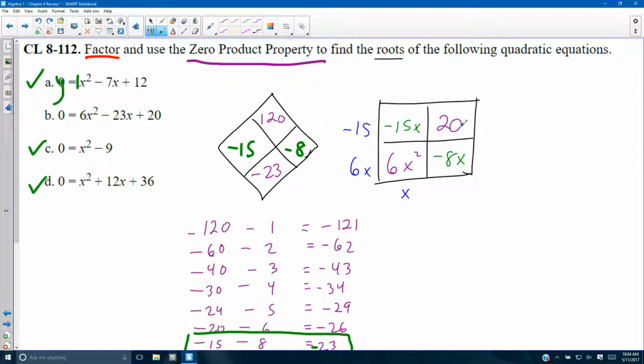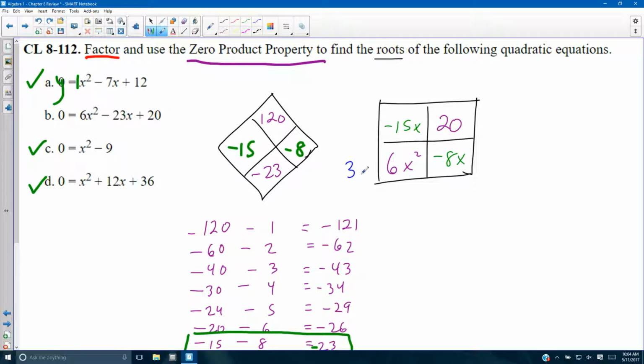Well, not an integer. So if that doesn't work, then this isn't the true set. There are other sets we can try. Let's try 6x here and x here. 6x times x is 6x squared. 6x times what is negative 15x in this case? Well, again, there's an issue there. It's not this either.